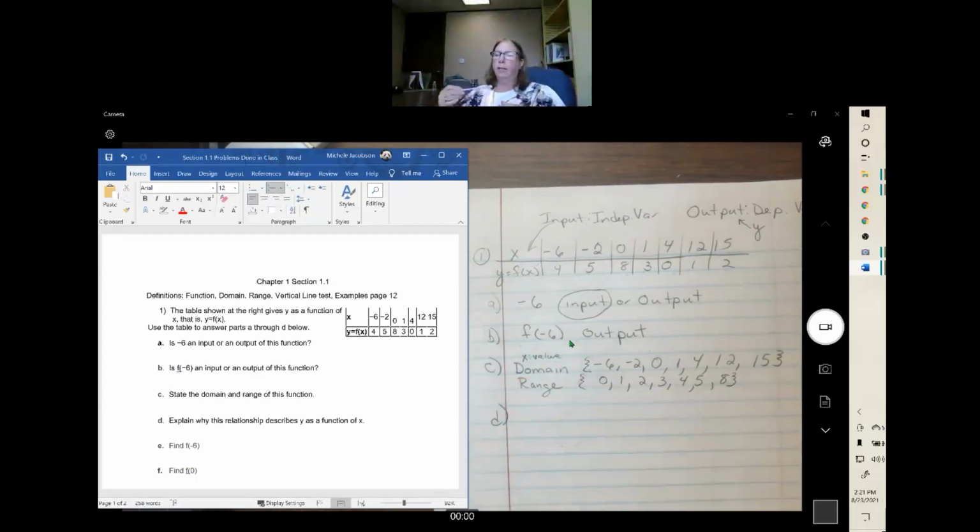In this one, they want you to explain why the relationship describes y as a function of x. It kind of just wants you to write the definition of a function.